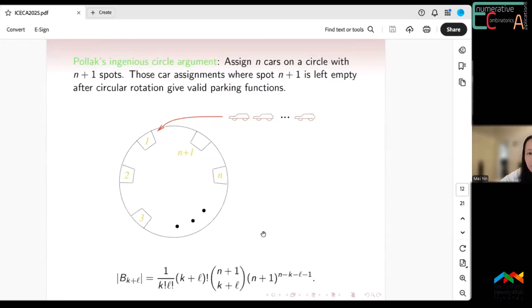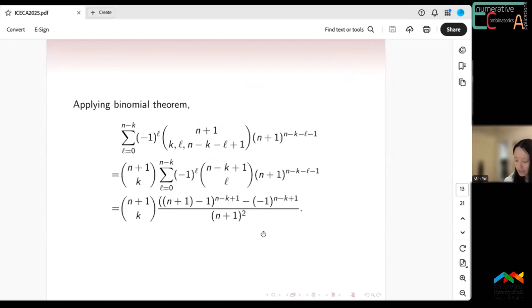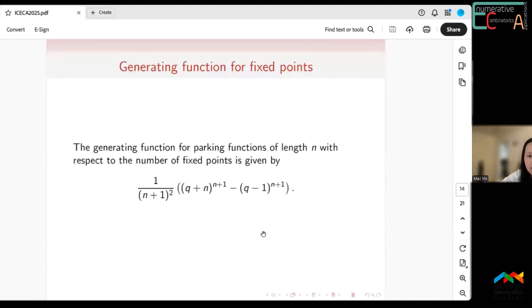The last step is simplification using the binomial theorem and expansion, looking at it backwards, and then we get the final result. From here, it's also easy to see a generating function for fixed points. It's given by this formula.